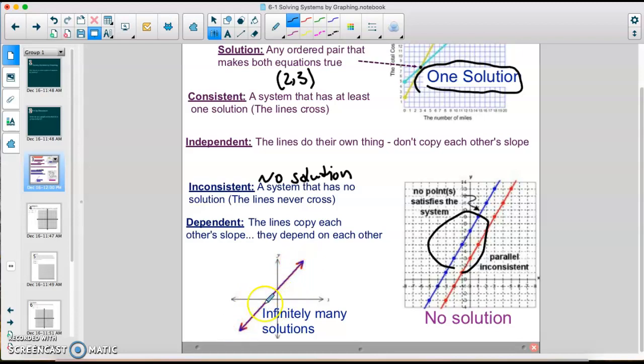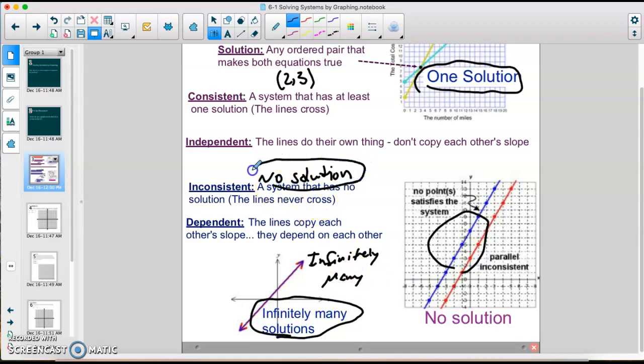There's an infinite amount of points that they intersect at, and so this would be infinitely many solutions. Oh, I guess it's written down here, sorry. Infinitely many solutions. These are, in my opinion, the way more useful words: one solution, no solution, infinitely many solutions.